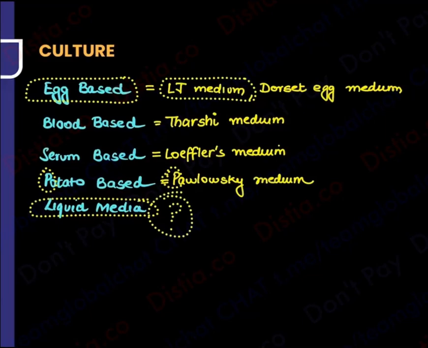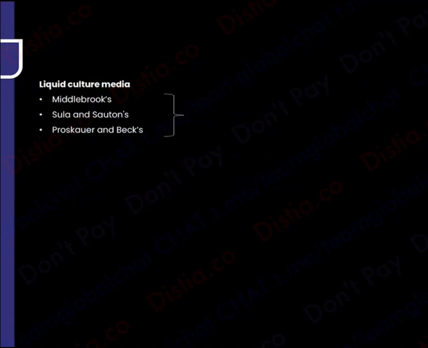What are the liquid media? Okay, think of some liquids. What are the two most liked liquids in the country? Either it is coffee, or it is alcohol. These are two very liked liquids. So let us name one coffee and one alcohol. Please remember, there's a very famous coffee known as Brooks coffee. So Brooks is Middlebrook. The Middlebrook medium, Brook will remind you of coffee.